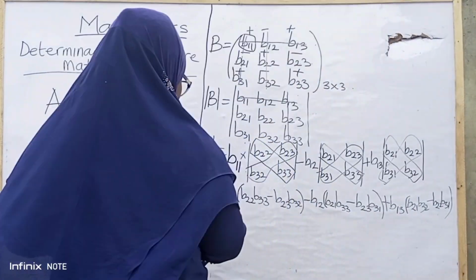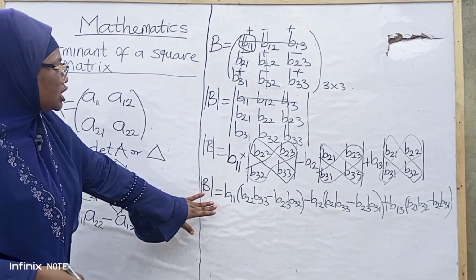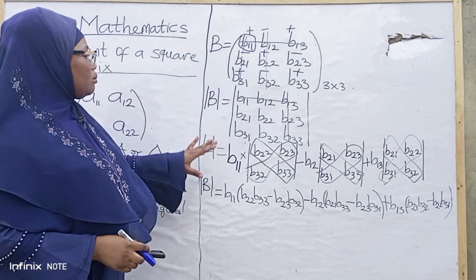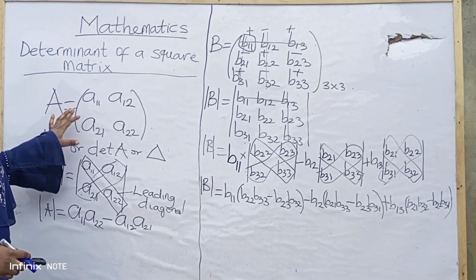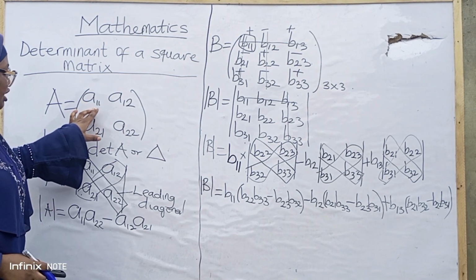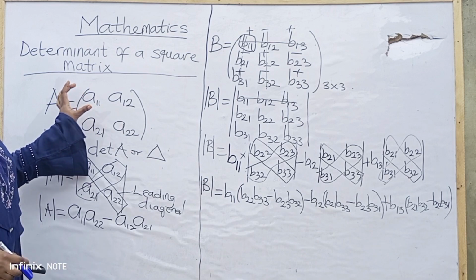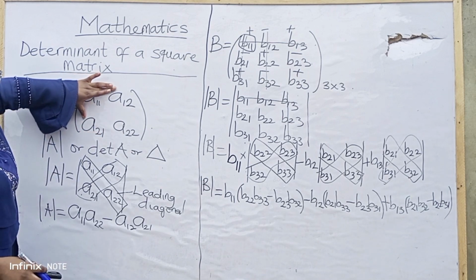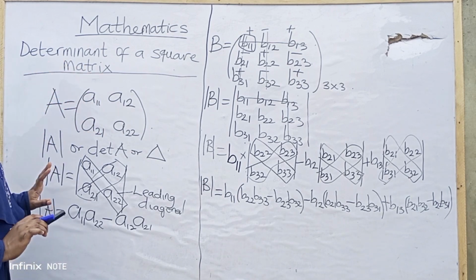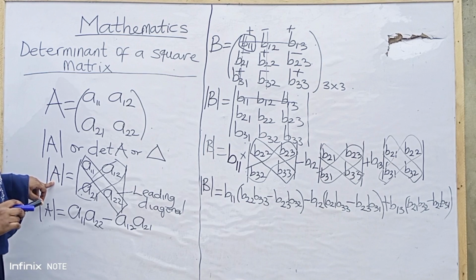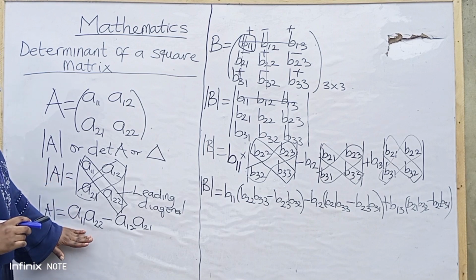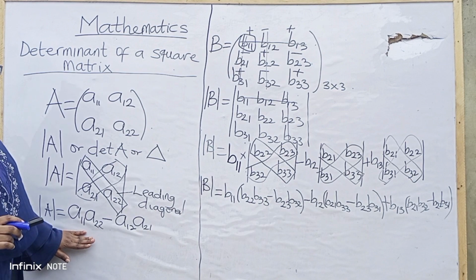I hope you understand what I'm teaching so far. If you want to find the determinant of a 2 by 2 matrix, you multiply the elements in the leading diagonal minus the multiplication of the elements in the second diagonal. That is the determinant of that matrix, and to write it, you put the absolute value bars around that matrix.